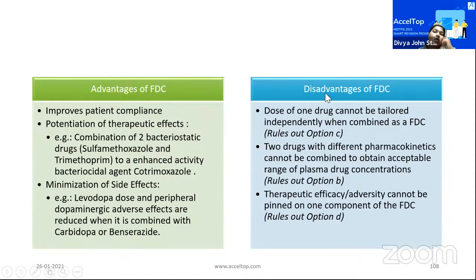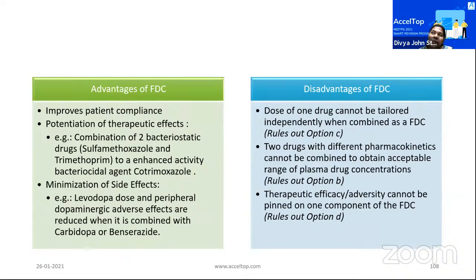Disadvantage is dose of one drug cannot be tailored independently when combined as an FDC. It has to be a fixed dose. Okay. So it rules out option C given in the question. And two drugs with different pharmacokinetics cannot be combined to obtain an acceptable range of plasma drug concentration. So that rules out another option. Therapeutic efficacy or adversity cannot be pinned to one component.